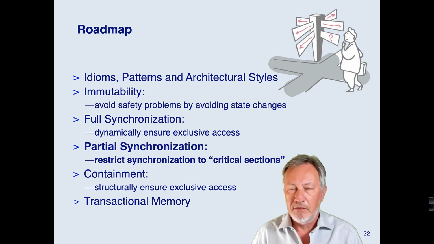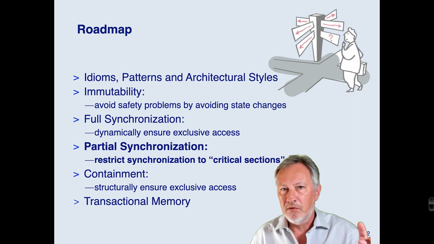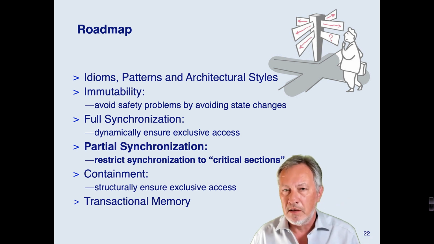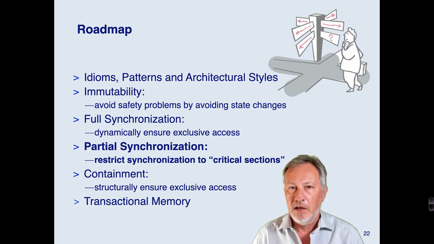Another design pattern, however, which is interesting, is that of partial synchronization. In this particular case, rather than having all the public methods synchronized and having the methods that have preconditions guarded with the classical wait guards, we can partially synchronize the object and restrict the synchronization to just certain critical sections.